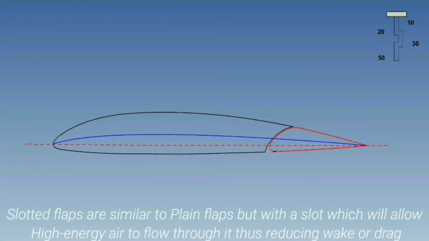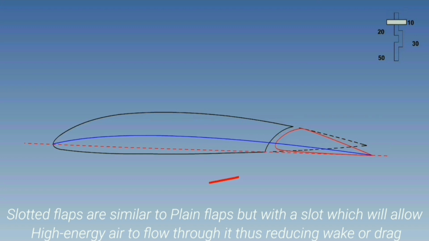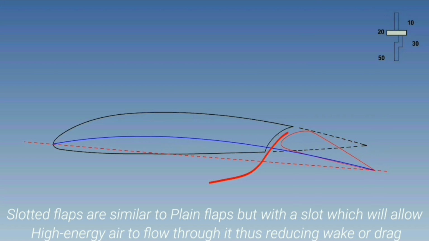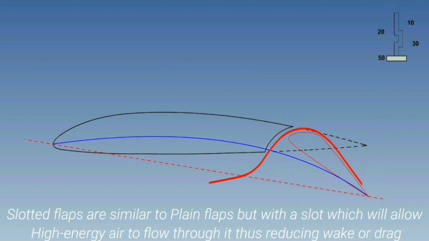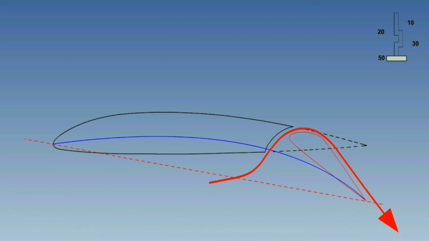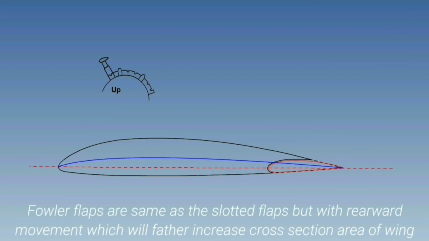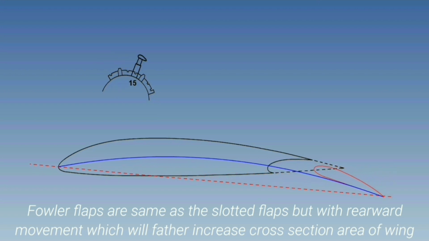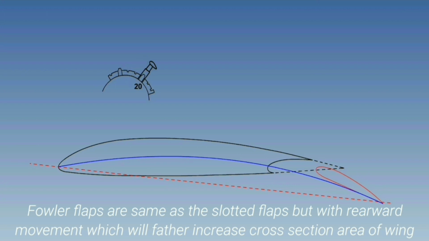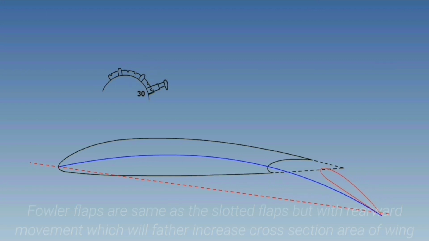Slotted flaps are similar to plain flaps, but with a slot, which will allow high energy air to flow through it, thus reducing wake or drag. Fowler flaps are the same as slotted flaps, but with rearward movement, which will further increase the cross-section area of the wing.